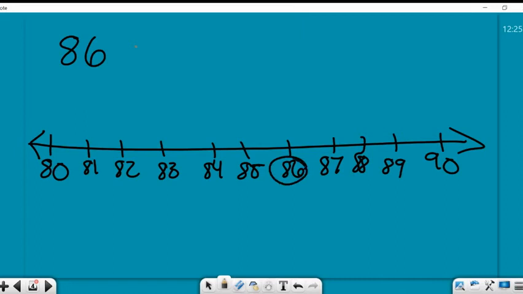Is it closer to 90 or is it closer to 80? I'll give you a second to figure that out. 86 would be closer to 90. So 86 is about 90.